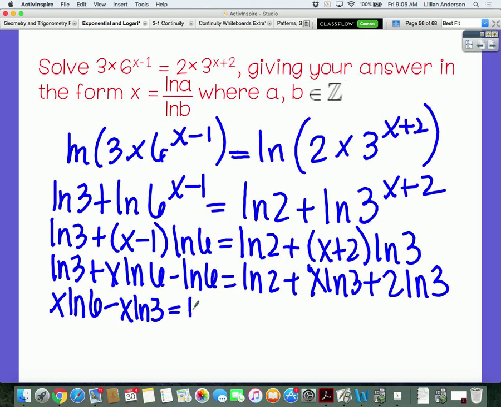Now on the right hand side, I still have the ln of 2 and the 2 ln of 3. But I'm going to move this ln of 3 over here, by what? Subtract. I'm going to move this ln of 6 over by adding.